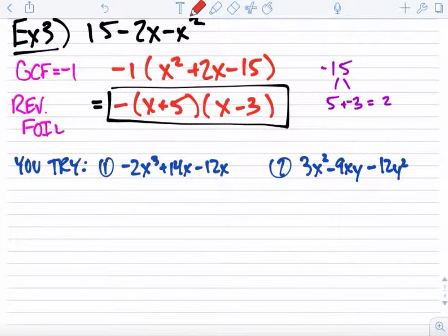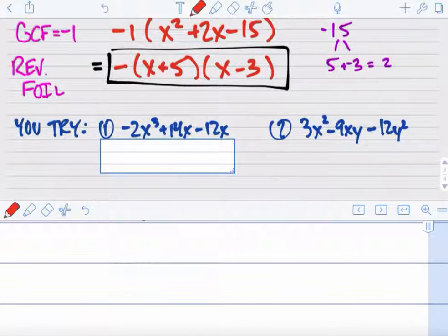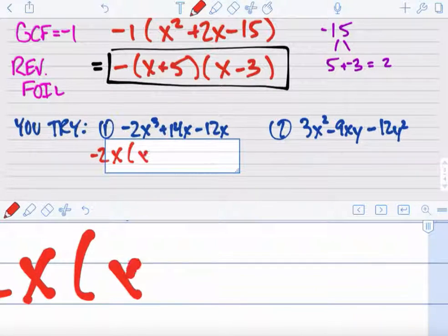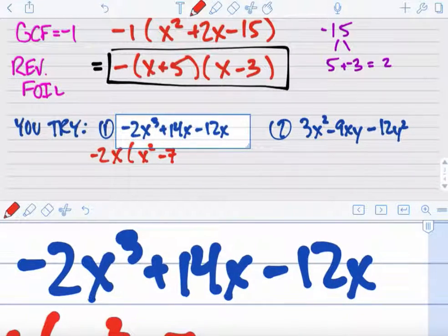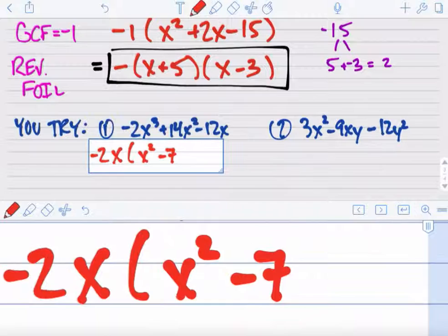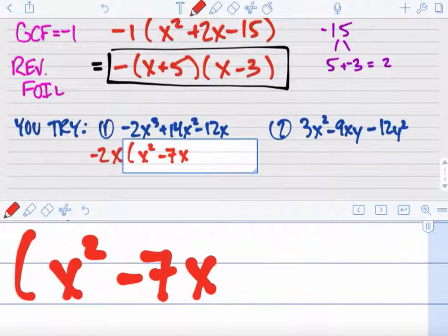Okay, I'm going to start working them now. I have a GCF here. It's x. I'm going to pull out a negative 2 also. When I do that, I'm left with x squared minus 7x plus 6.